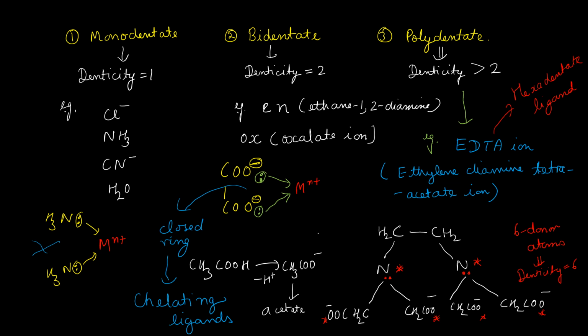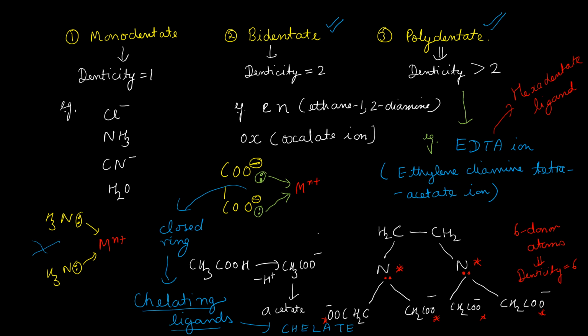This is always open because it is making only one bond. So this is possible only in case of bidentate and polydentate ligands. So bidentate and polydentate ligands are also called chelating ligands. And all those complexes which have chelating ligands in them are called chelates. I hope the concept of denticity is also clear to you.